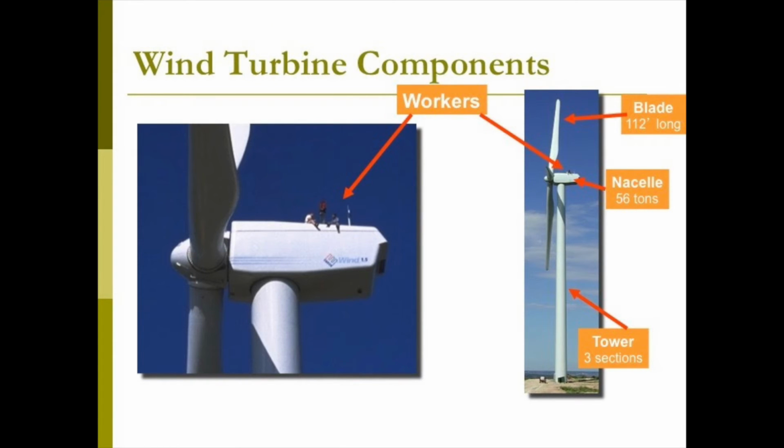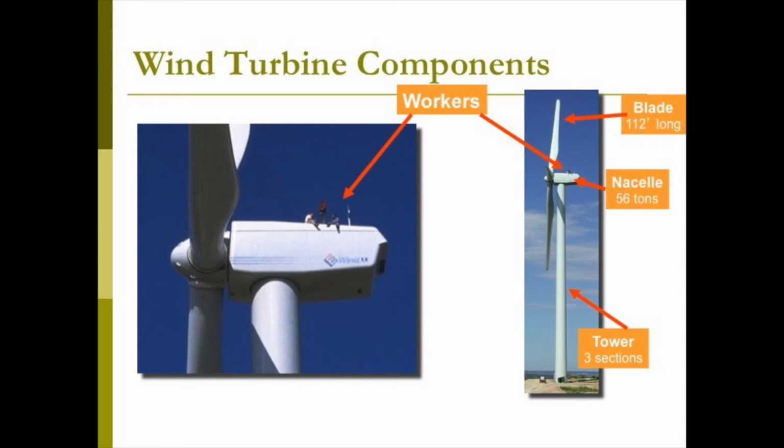Wind turbines have several components. Obviously, there's a tower that holds up the body of the wind turbine, called the nacelle. There are the wind turbine blades, or the rotor, also called rotor blades.